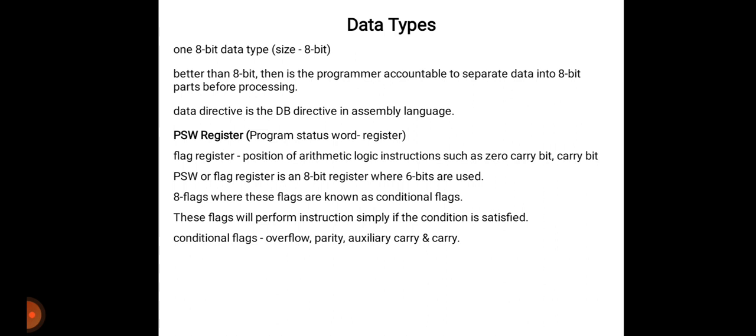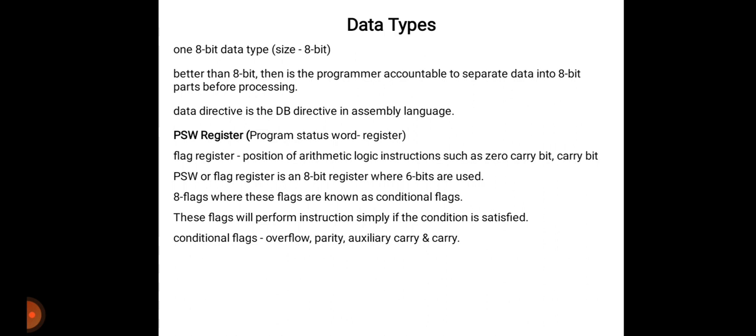So the flags are known as conditional flags, and these flags will perform an instruction only if the condition is satisfied, otherwise not. These conditional flags are overflow, parity, auxiliary carry and carry flag.